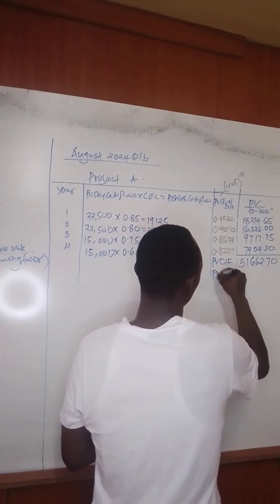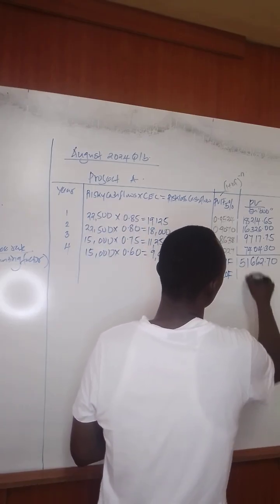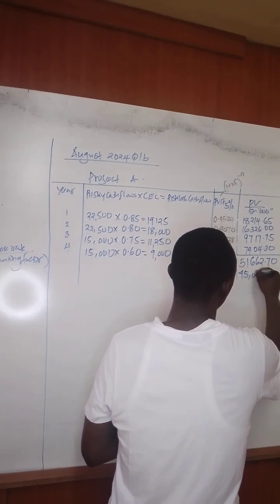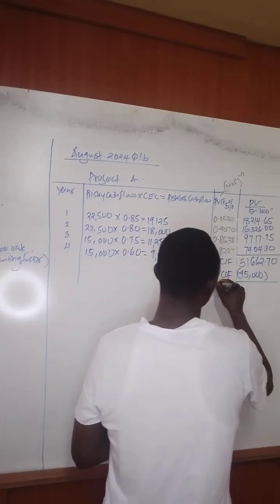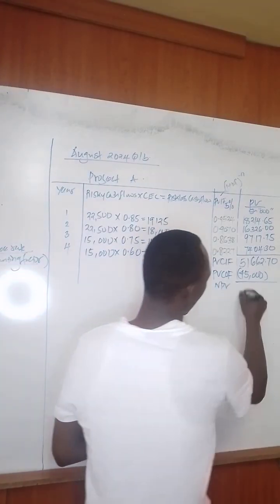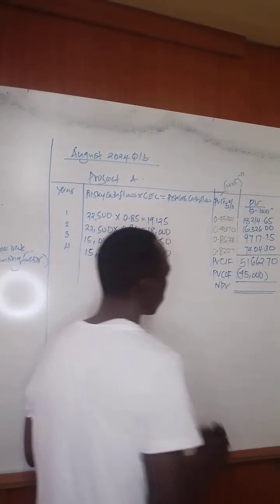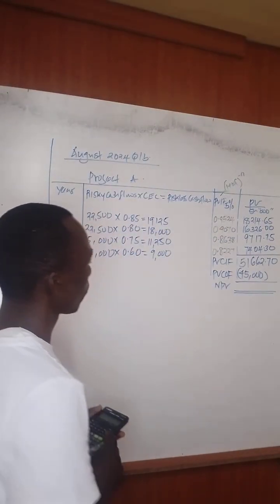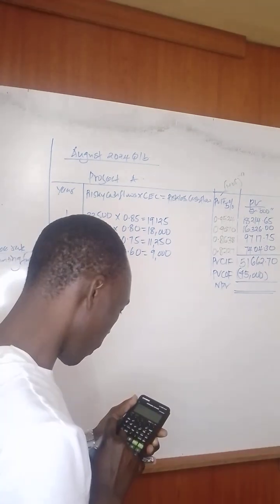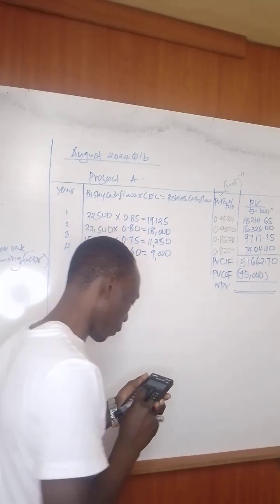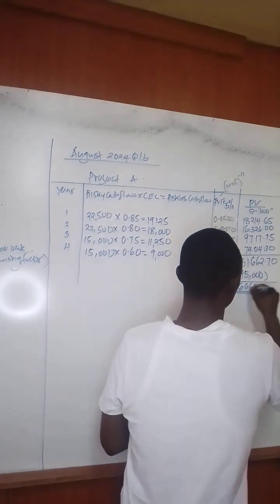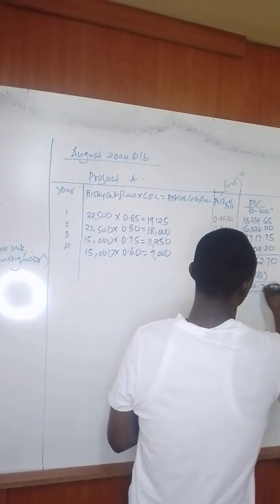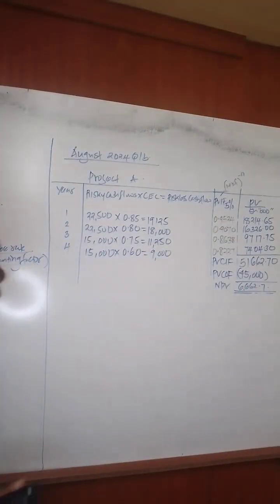Then we had invested, present value of cash outflow, we had invested 45,000. So in our case, we are going to get the NPV of how much? You take the present value of cash inflow, you subtract the present value of cash outflow. So in this case, you will get 6,662.7. So that is the net present value for project A.